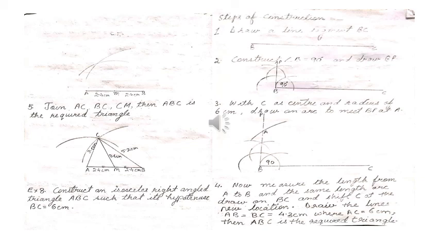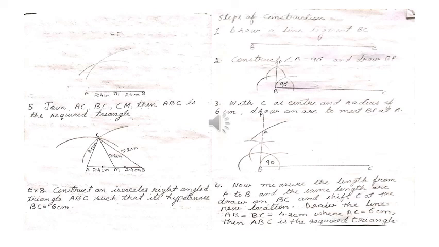because the reason is that we are making an isosceles triangle where two sides are equal. The one side, which is the 6 centimeter, is already given. If you measure B to A, it will be around 4.3 or 4.4, so 4.3 is taken here.